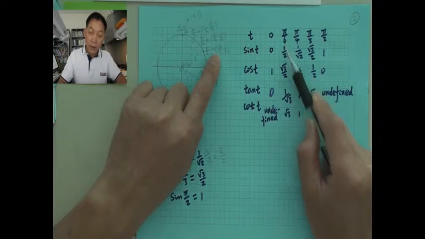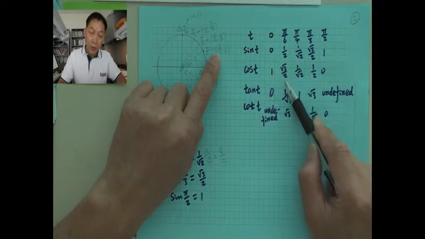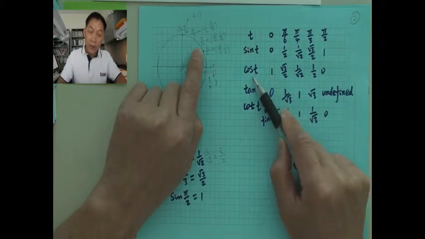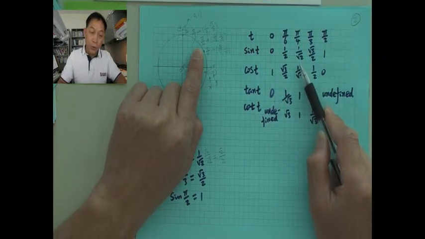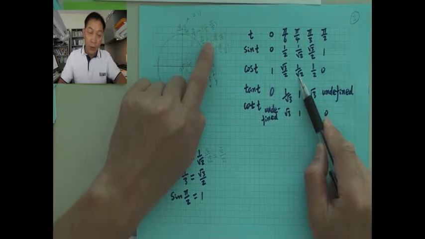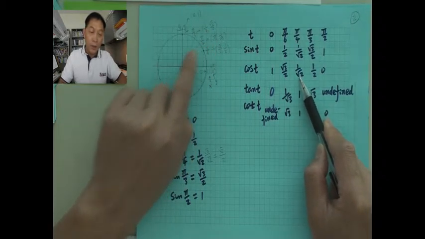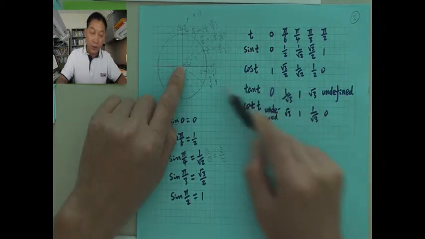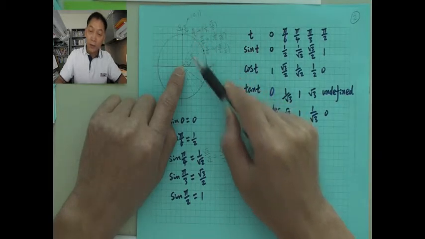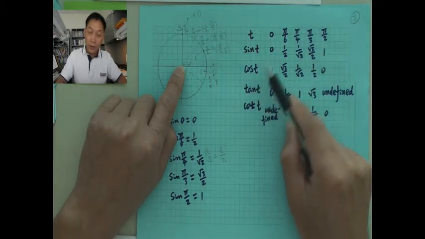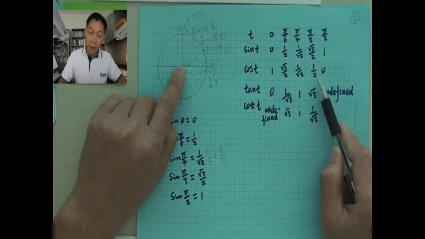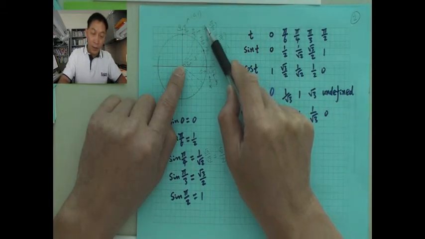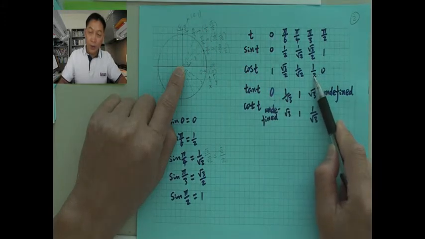Then you have x coordinate is radical 3 over 2. Okay? Cosine t choose pi over 4, you should have an x coordinate 1 over radical 2. And cosine pi over 3 now. Cosine t choose pi over 3, you have 1/2.